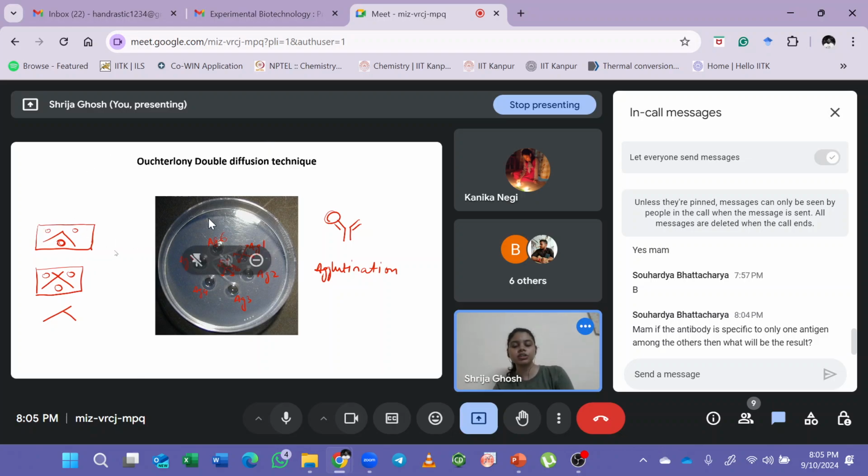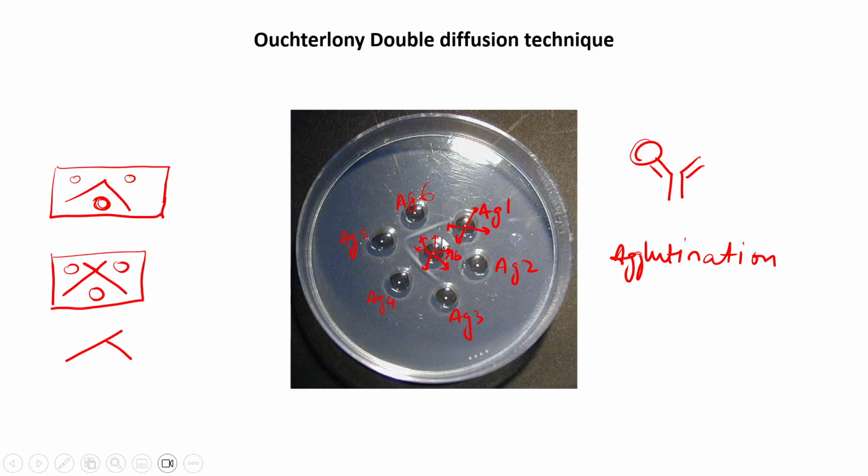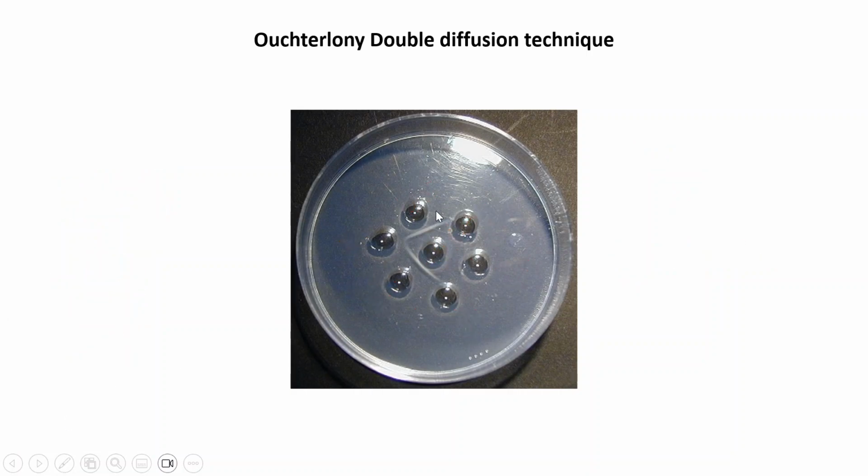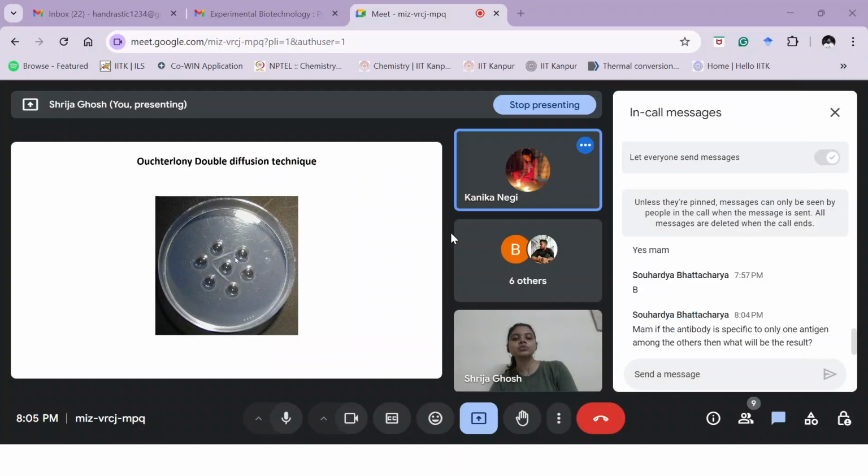So here in this figure also, if you see, the center well has, I'll just remove the ink. So antigen 1 and antigen 3 have no role in binding to the antibody, so that is what we were checking.